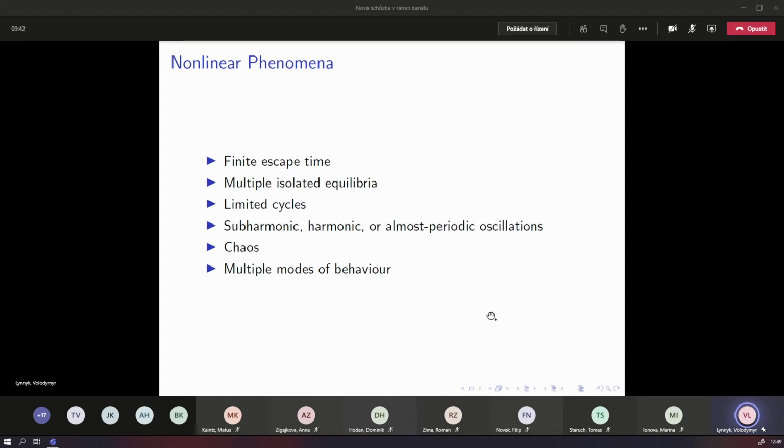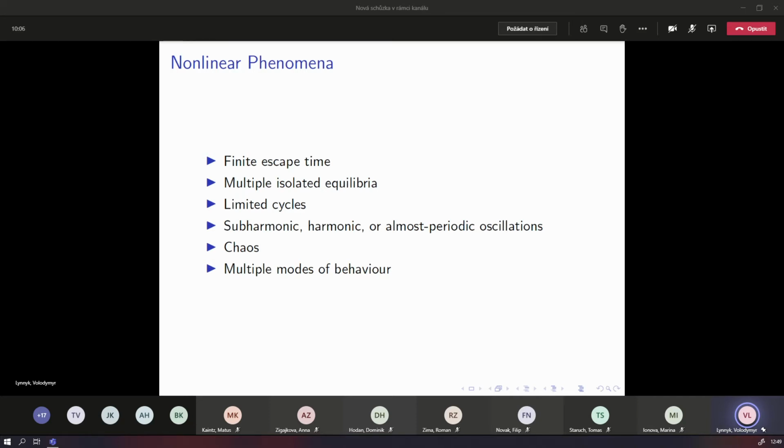Okay, nonlinear phenomena. For example, finite escape time. The state of an unstable linear system goes to infinity as time approaches infinity. A nonlinear system's state, however, can go to infinity in finite time. For example, in the lecture, Professor Tchaikovsky showed you some example.